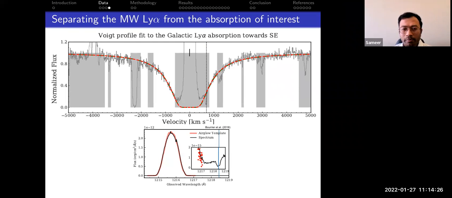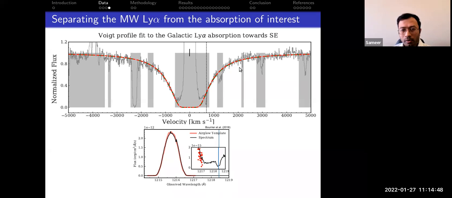The pre-processing step is needed because the absorption of interest is so close to us that the Milky Way Lyman alpha affects our analysis. The absorption of interest, which is between 600 to 1000 kilometers per second, happens to fall on the wings of the Milky Way Lyman alpha.